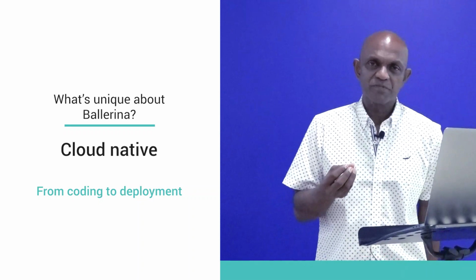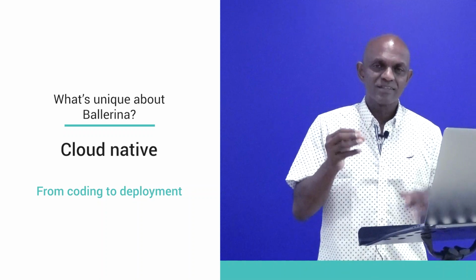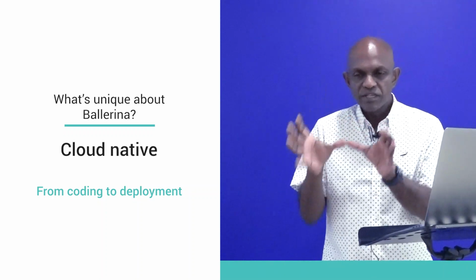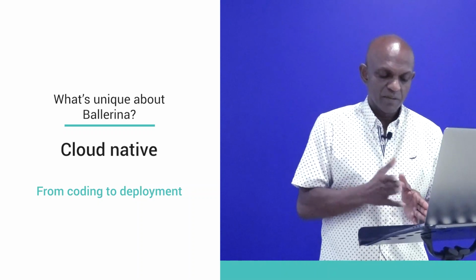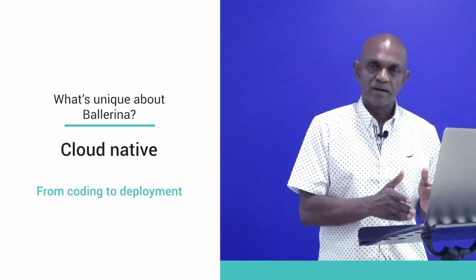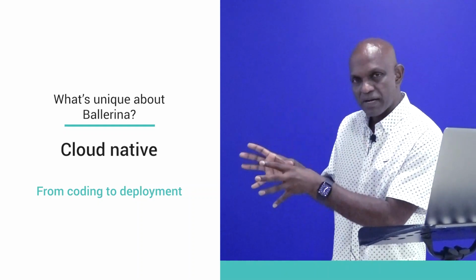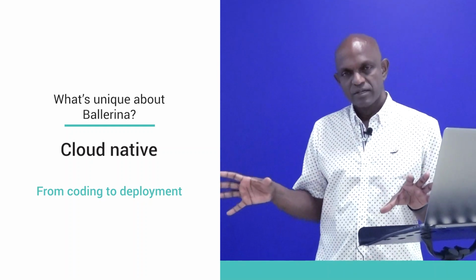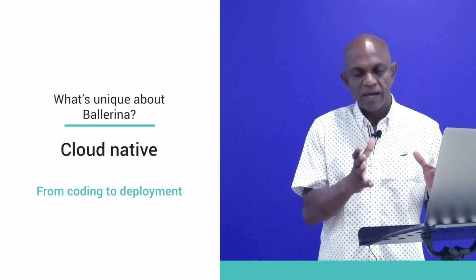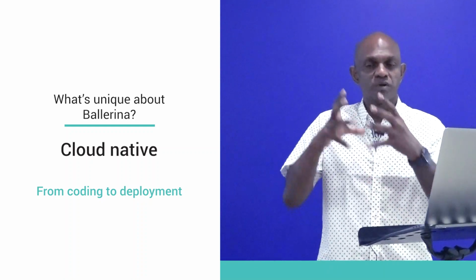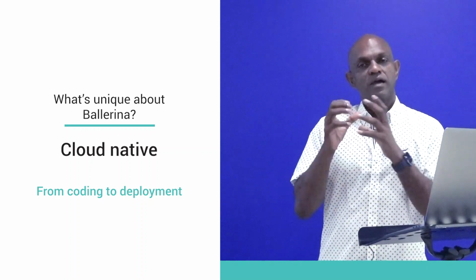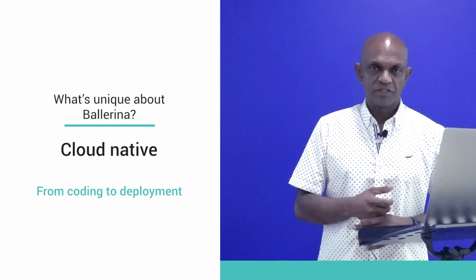So the cloud native aspect of Ballerina is that it makes this straightforward and brings it to the developer. One of the problems in typical development is that the development language and the deployment language are two different universes. Ballerina addresses this and has bindings directly from the abstractions of the language to say, I want to make this into a container, an image, and I want to deploy it, and these are the parameters and so forth.